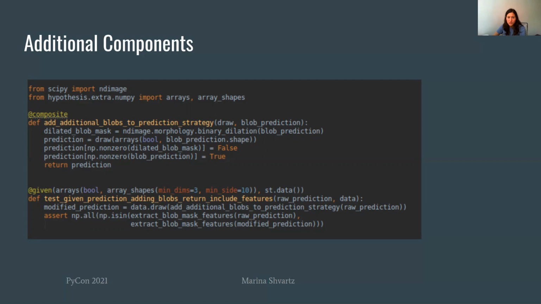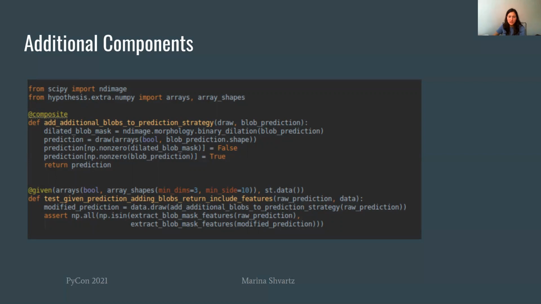So here I use the composite decorator that also helps generate custom strategies. It does it by calling the draw function to draw random examples and use those values to perform the required modifications. In order to draw random predictions, I use the array strategy that will draw Boolean values in random shapes.